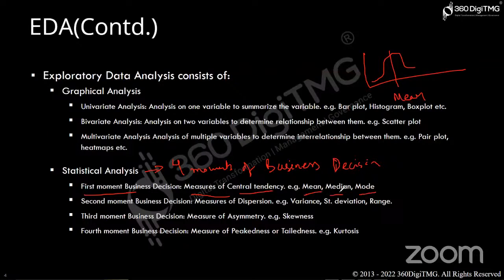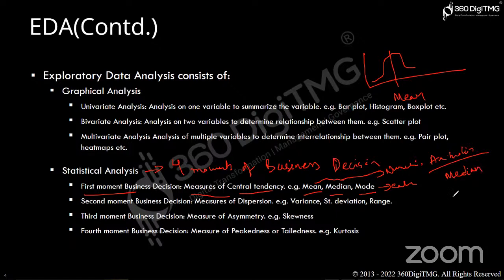Mean and median will be used for numerical data. Mode can be used for categorical data. When will we use mean, and when will we use median? Whenever we have anomalies or outliers in our data, we'll use the median, because the mean doesn't work well with outliers.